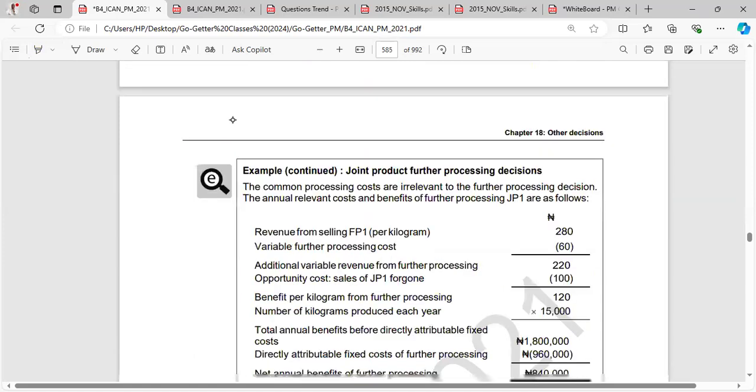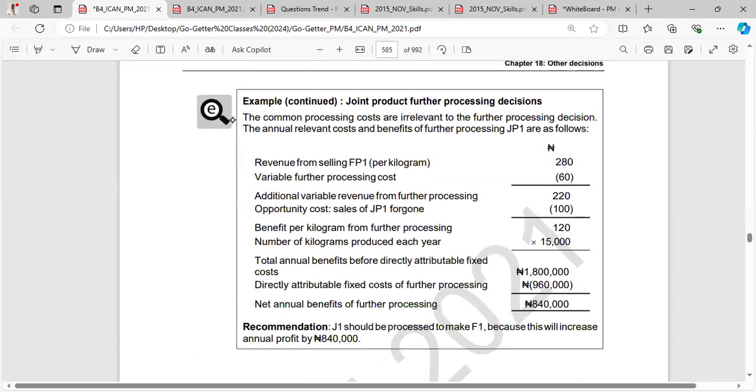Now, the question is, should we turn J1 to F1? The common processing costs are relevant to the further processing decision, and the annual relevant cost and benefit of processing J1 and turning it into F1 is as follows.